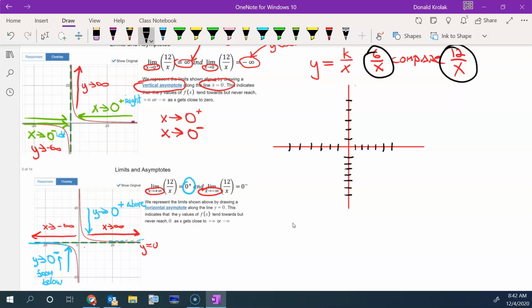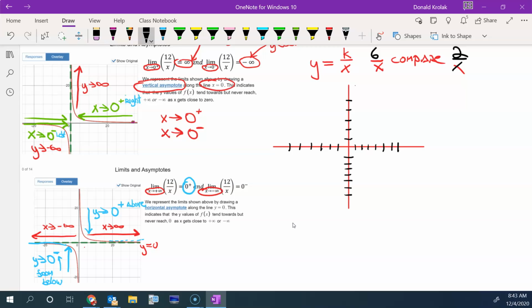Let's make these numbers a little smaller so it doesn't take so long to graph. So like if this was 6 and this one was 2. All right, how do I graph 6 over x? What points would I put up there?